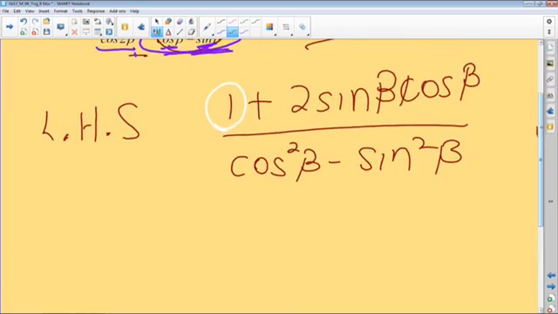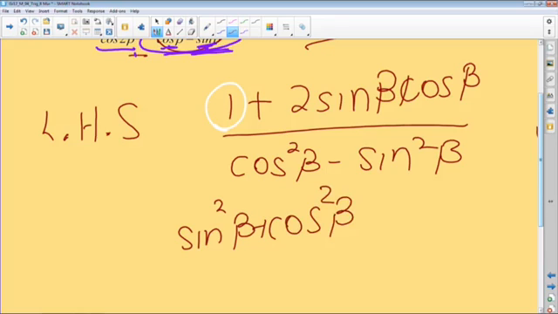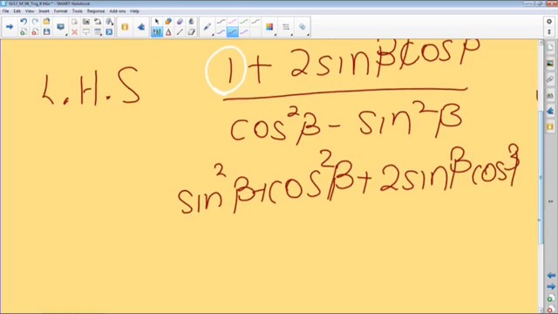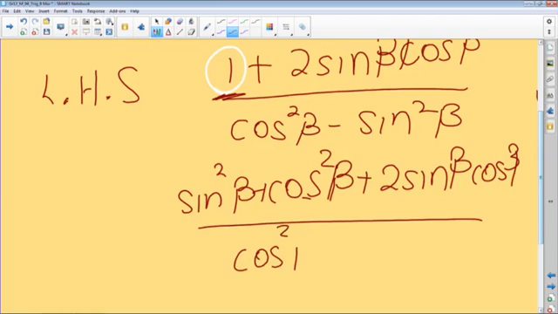I can rewrite 1 as sine squared plus cos squared. We know this identity. It's the most famous one in trig, the one that most of you remember. I can rewrite this 1 as sine squared beta plus cos squared beta. So sine squared plus cos squared is 1. I haven't changed the value in the numerator, and you always got to bear that in mind, that you're not changing the value of any of the expressions as you go through your identity.